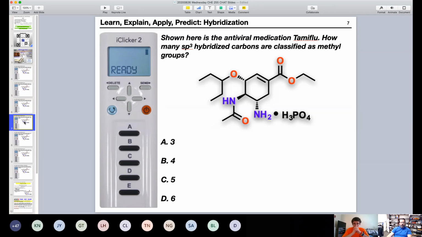So what's our next question here? So of all 12 sp3 hybridized carbons, how many are classified as methyl groups?